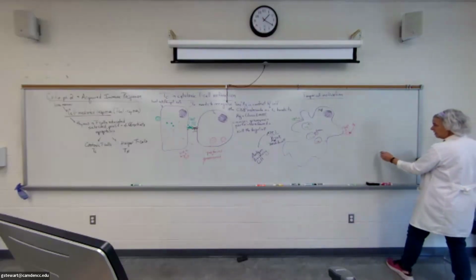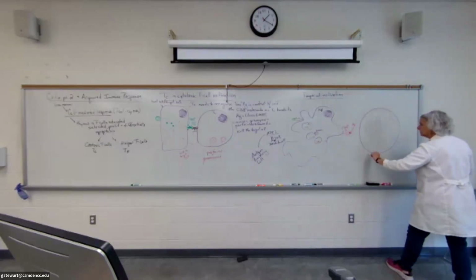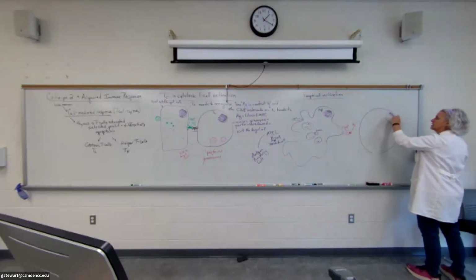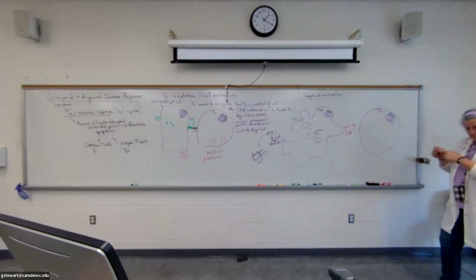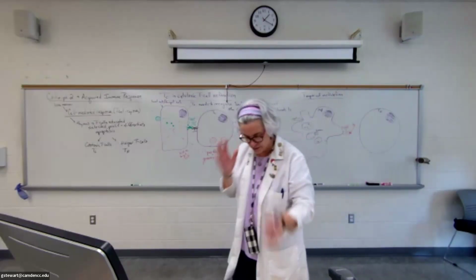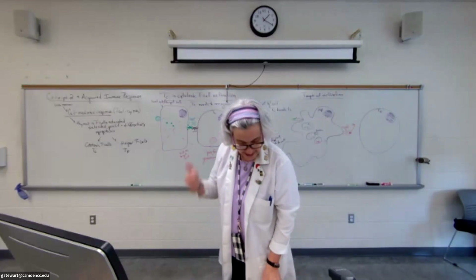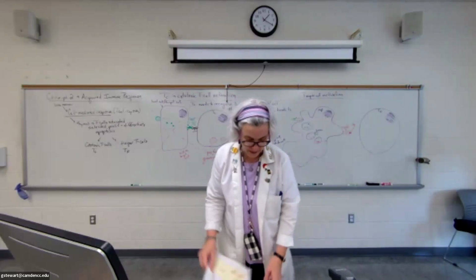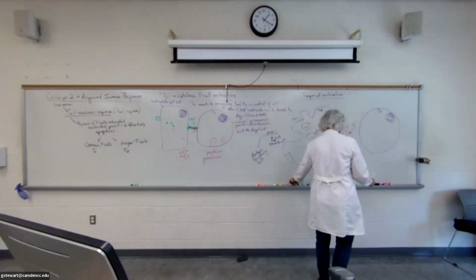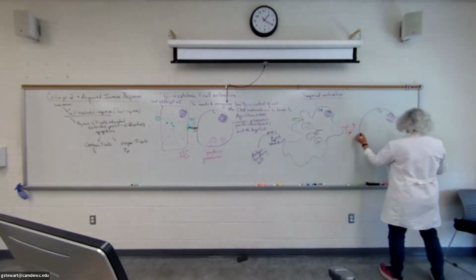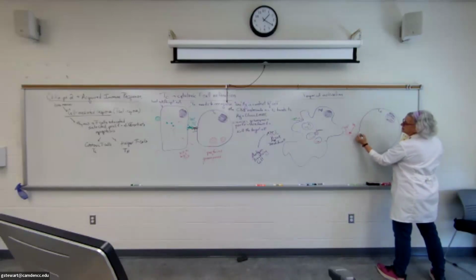Okay, so now I'm going to draw my T helper cell over here. I know it's a little bigger than the cytotoxic T cell, but not on purpose. T helper cell. And my T helper cell is going to have a T cell receptor on its surface, and CD4. So again, I want to draw this correctly. I've got my T cell receptor, which has those weird little wings on it that make it almost look like an immunoglobulin.